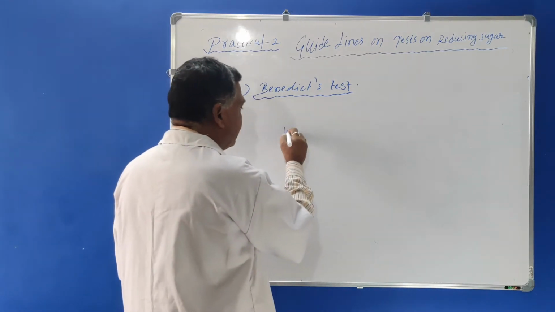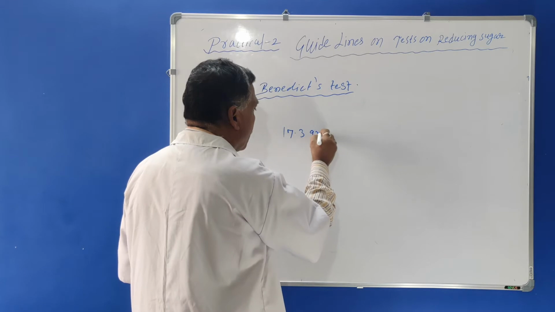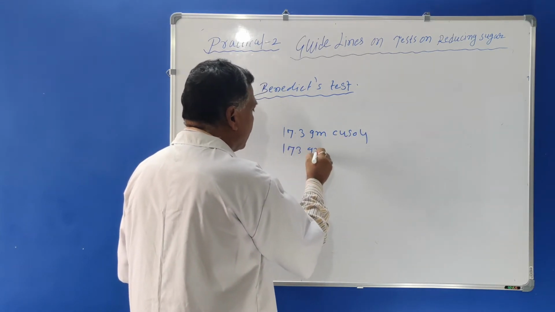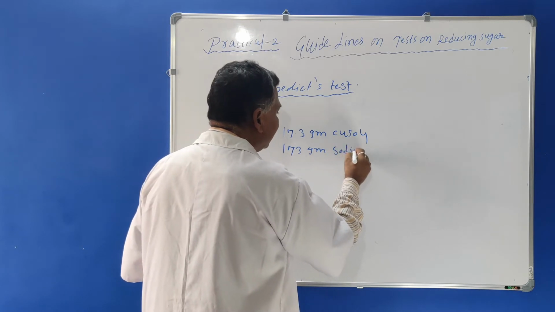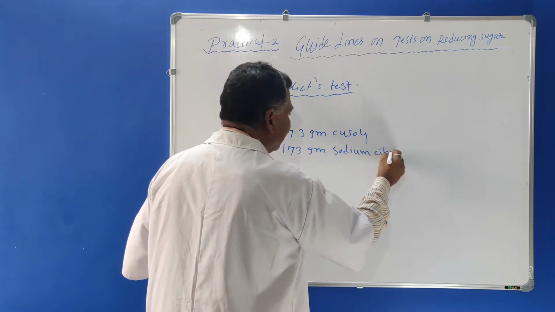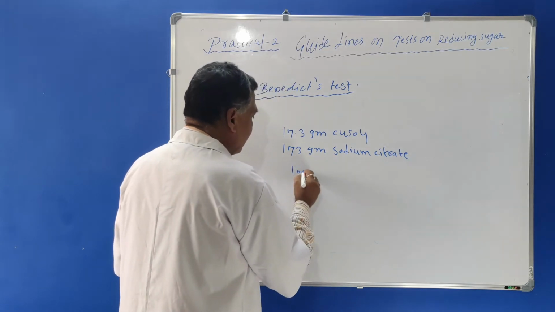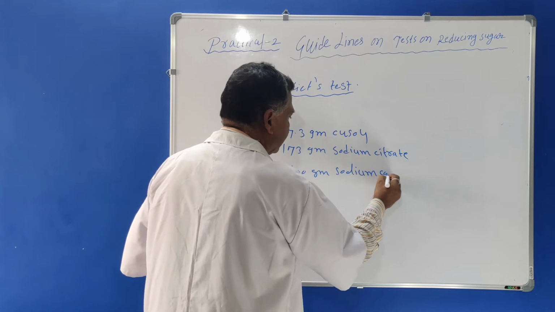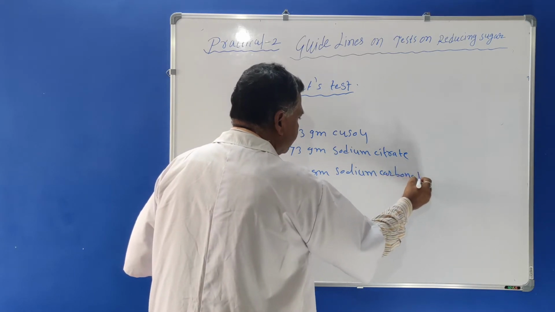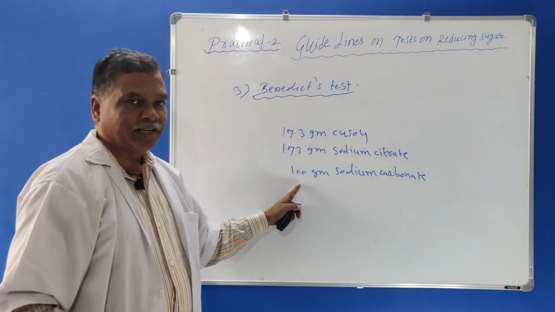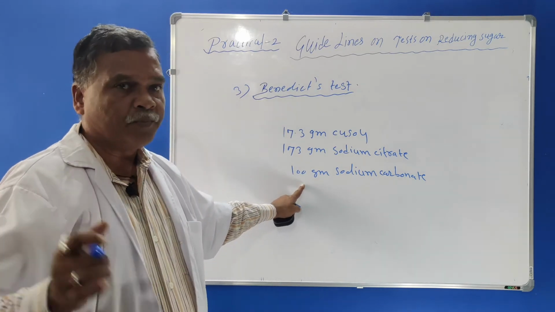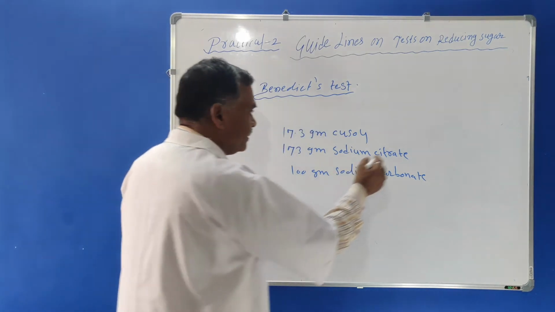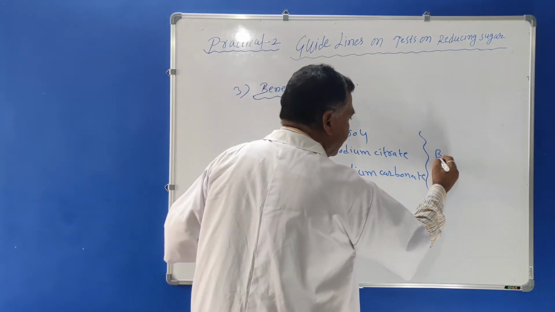Here first 17.3 grams of copper sulfate, 173 grams of sodium citrate and 100 grams of sodium carbonate. These are the reagents taken for the preparation of the Benedict solution.